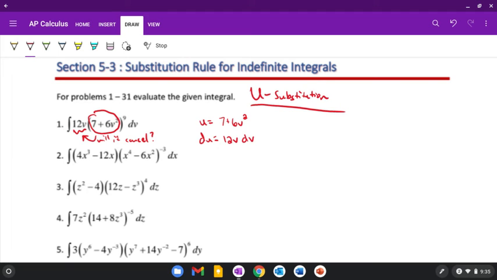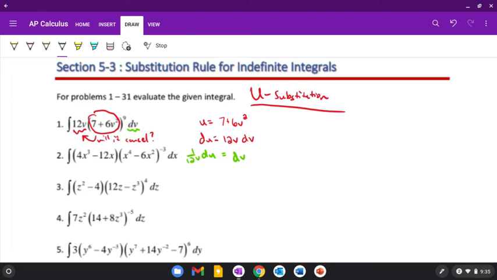You always got to throw that on there. Because basically what we're trying to do is replace this dv as well. So we want to solve for dv. I like to write it this way, dv equals 1 over 12v du. You can certainly combine that into one if you want to, but I like to write it this way, and I'll show you why in a sec.